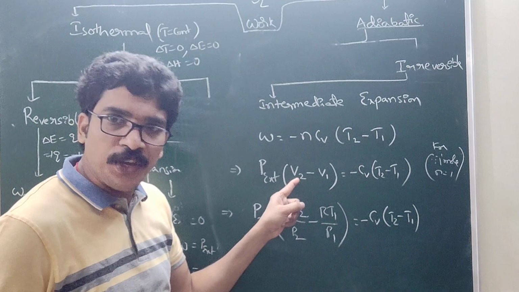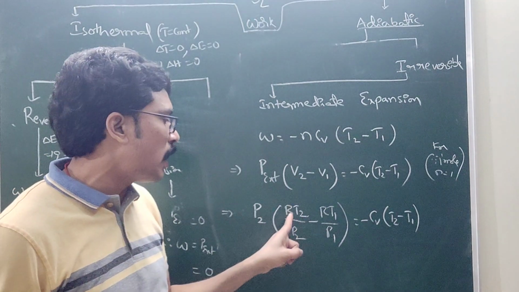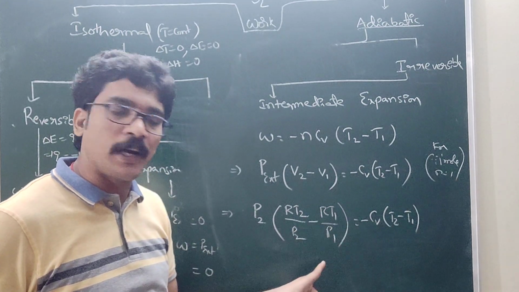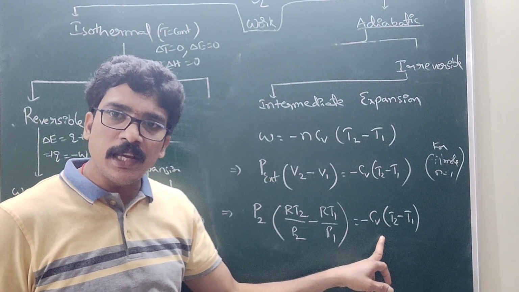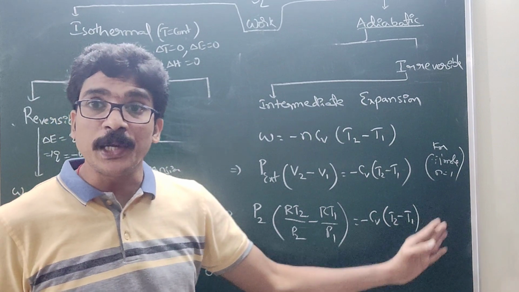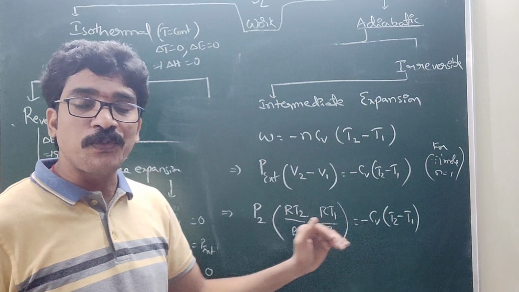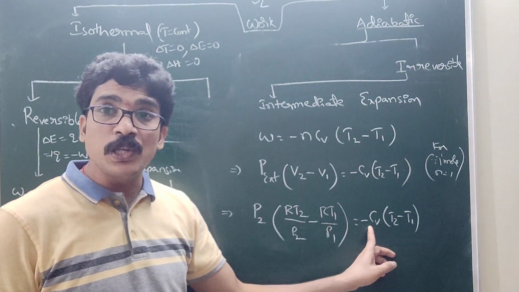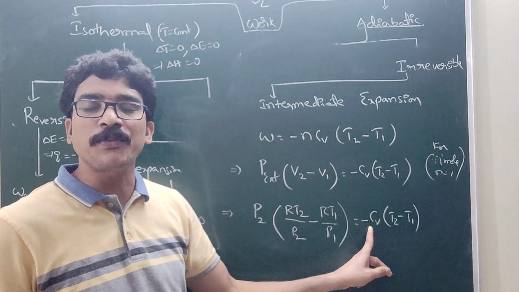Therefore, in place of V2, RT2 by P2: P2 times (RT2 by P2 minus RT1 by P1) is equal to minus Cv (T2 minus T1). Yes, by using this formula, Cv, I already explained Cv. Cv is equal to 3 by 2 R for monoatomic gases, if vibrational degrees of freedom is not considered.